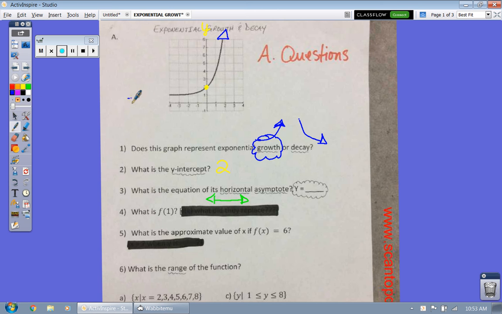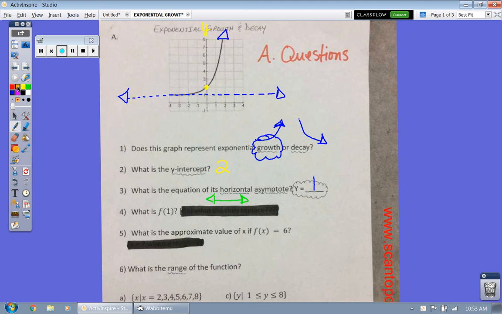And if you look here, it looks like this graph is sitting right here on that dotted line that I have, right? And it looks like it's sitting where it crosses the y-axis at 1. And so since it crosses the y-axis, we say that the horizontal asymptote, or that invisible line that the graph is approaching, is y equals 1.